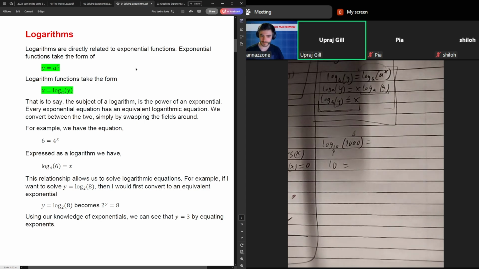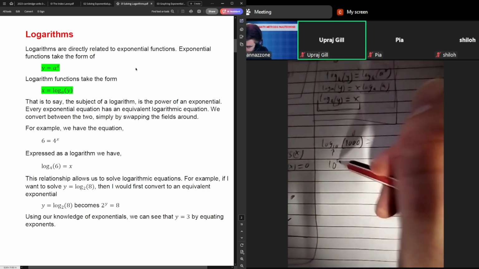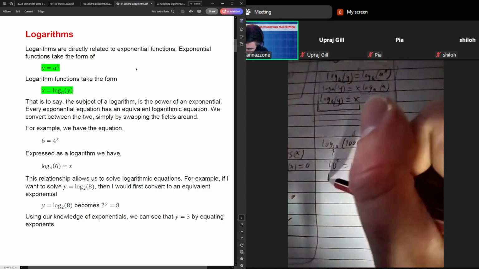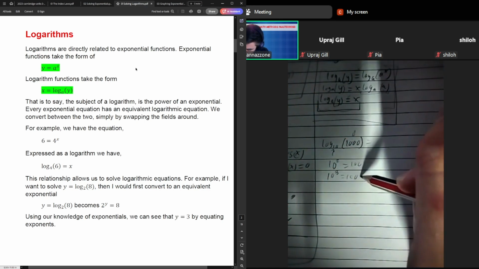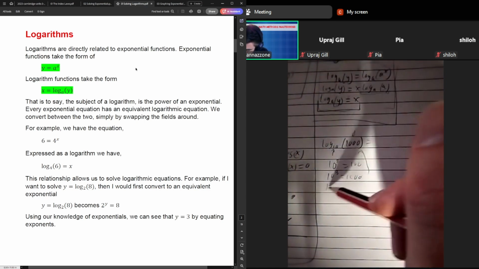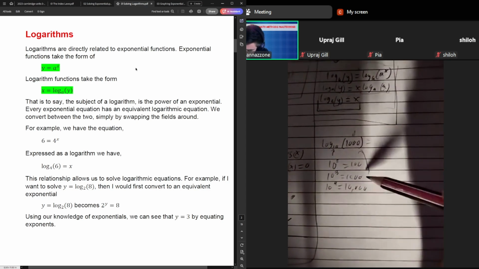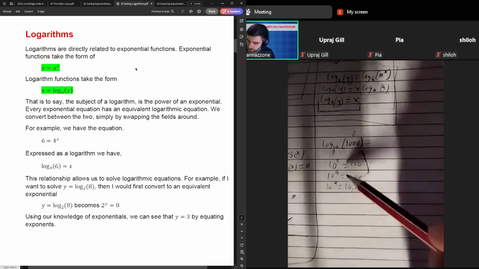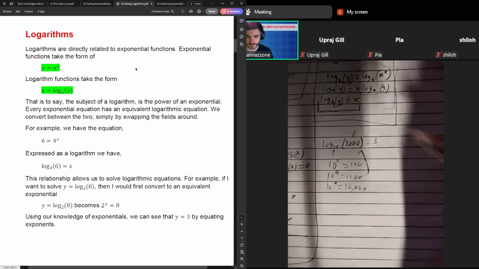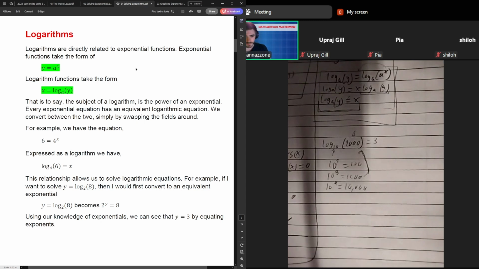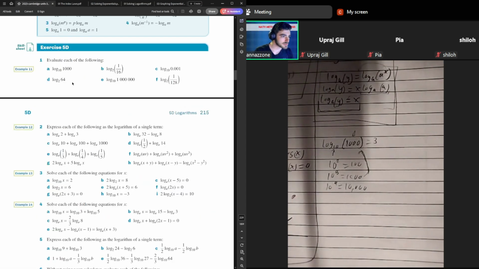Probably 2, 3, and 4. Yeah, 2, 3, and 4. So 10 to the power of 2, 100, 10 to the power of 3, 1,000. We already won, but just for the sake of it, 10 to the power of 4, 10,000. So we've got our match. Therefore, this should equal 3. That's about as chill as it can be, really.